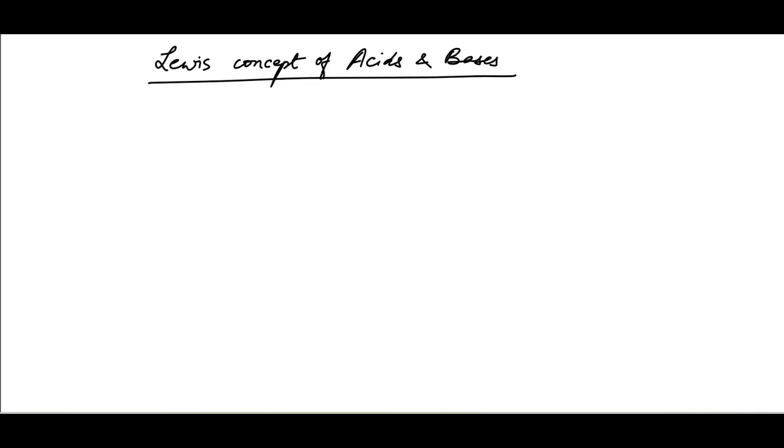So what is this concept? It says that acid is any substance, atom, molecule, or ion that can accept an electron pair from any other atom, molecule, or ion. So we are now talking about electron pair acceptance or donation.